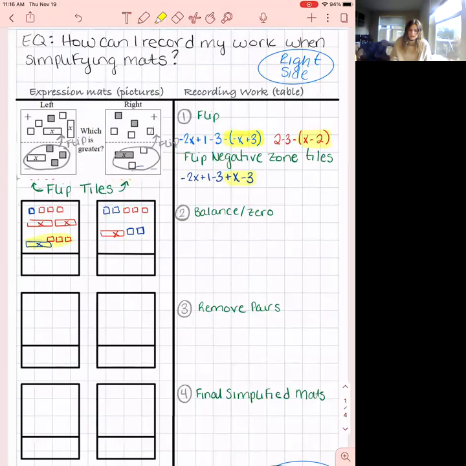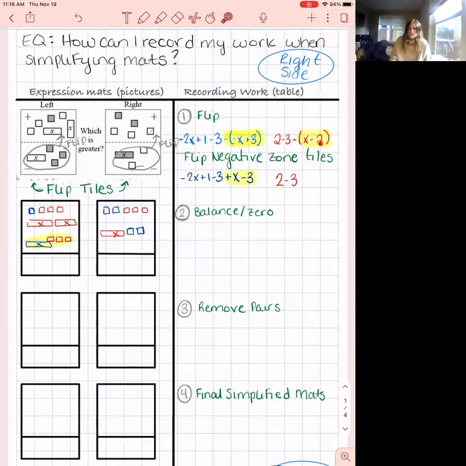Okay, let's do it on that red side now. So I still have 2 minus 3. That didn't change. Now I need to change this highlighted part. I need to flip these tiles. So this is a positive X. When I flip it, it's going to be a negative X. This is minus 2.